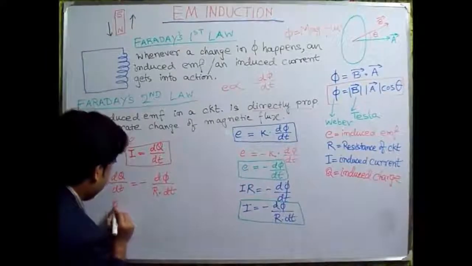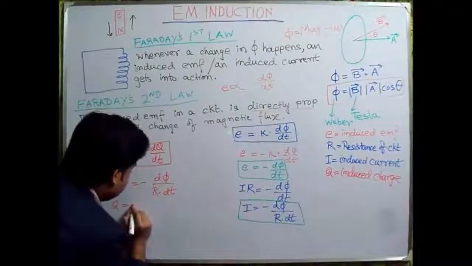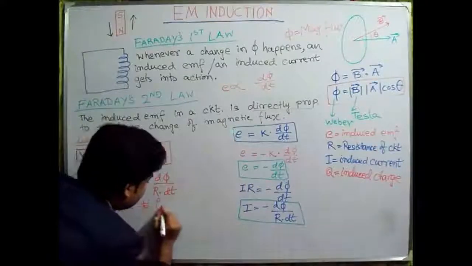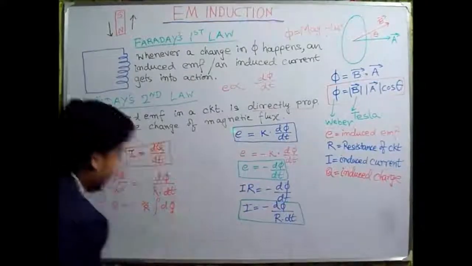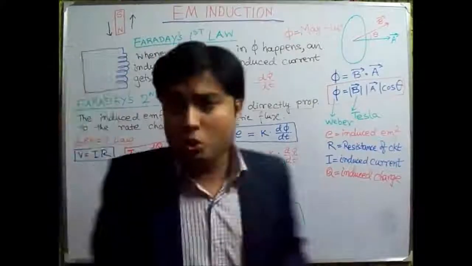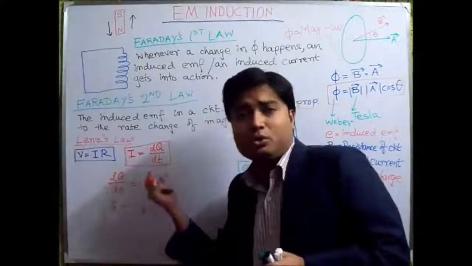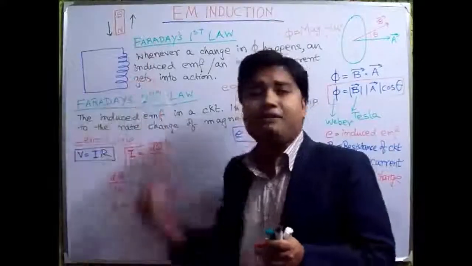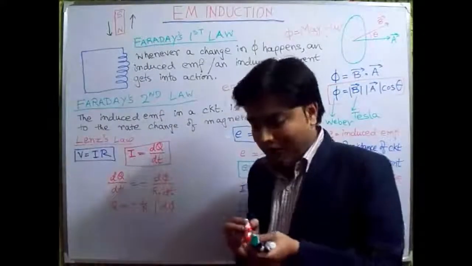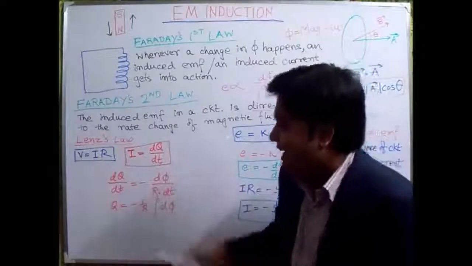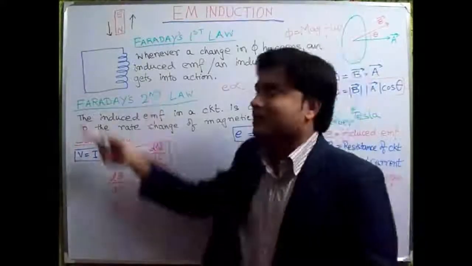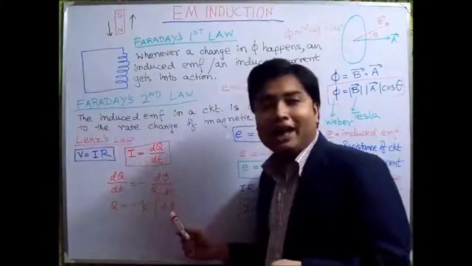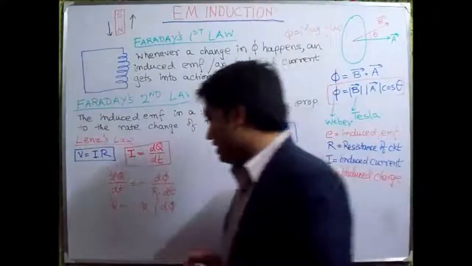So q will come to be minus 1 by R times the integration of d phi, because dq was the small induced charge for a small change in magnetic flux, right? So for getting the entire induced charge within the circuit, we have to integrate the magnetic flux.